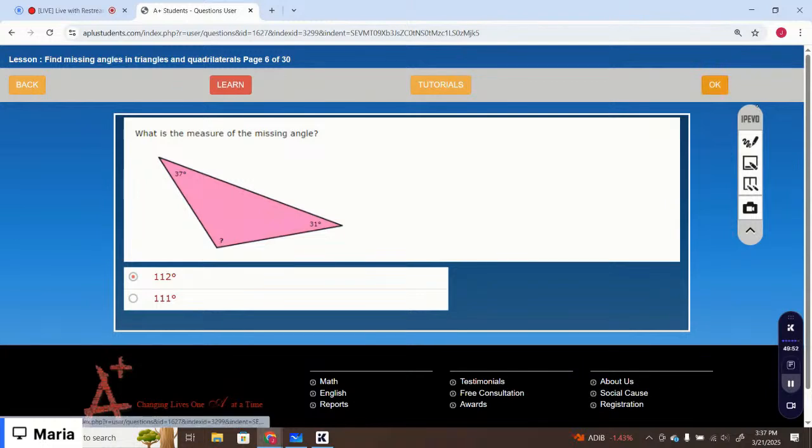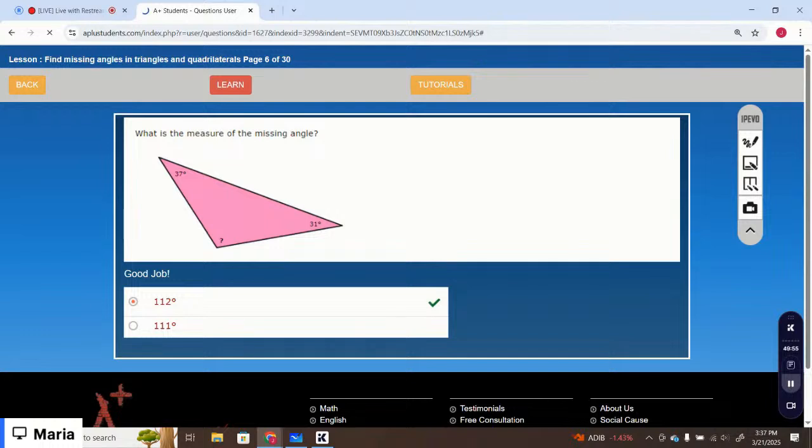So the missing angle is 112 degrees. Option number one is the correct option.